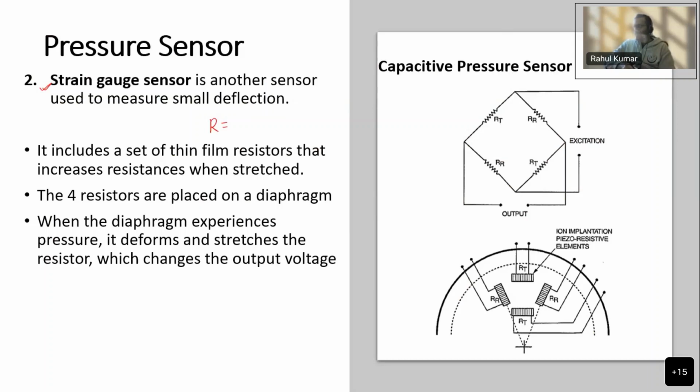Your resistance R is rho L divided by A, where L is the length, A is the area of cross section of any wire or metal, and rho is the resistivity of the material. If you use gold, you will have less resistivity. If you use maybe iron or aluminium, it will have a relatively higher value of resistivity. So it depends on the material of the wire.